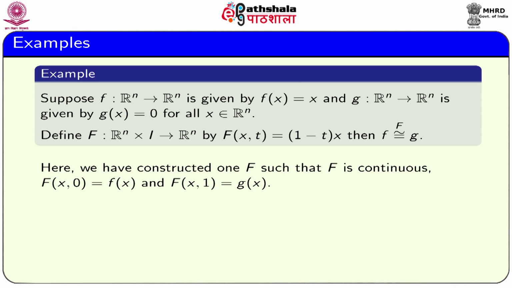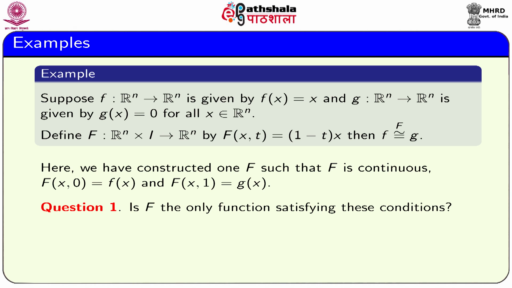So now if we define the map capital F from R^n cross I to R^n by F(x,t) equal to (1 minus t) times x, then of course capital F is a continuous function, and F(x,0) is equal to f(x), F(x,1) equal to g(x). So all the conditions for homotopy are fulfilled, and therefore capital F is a homotopy.